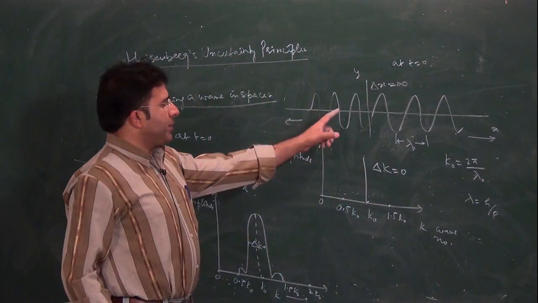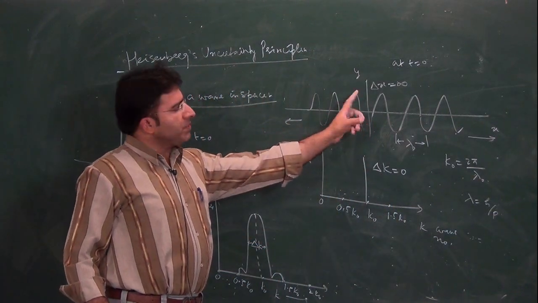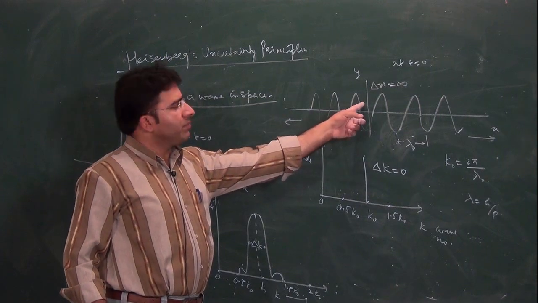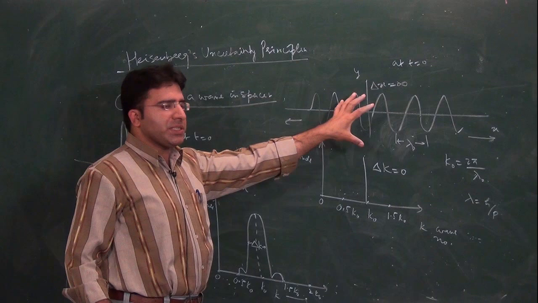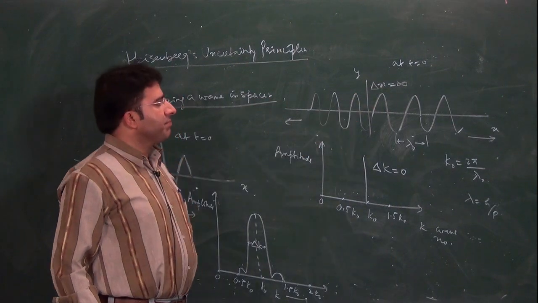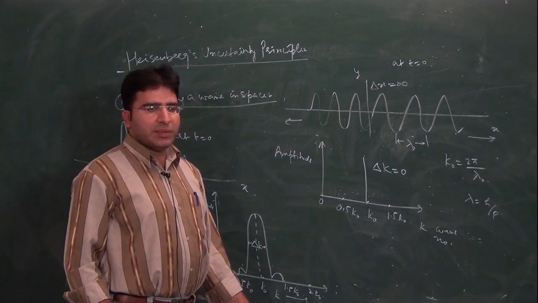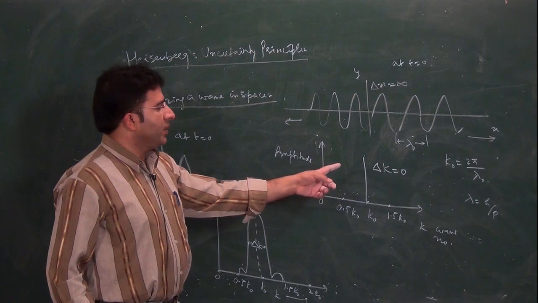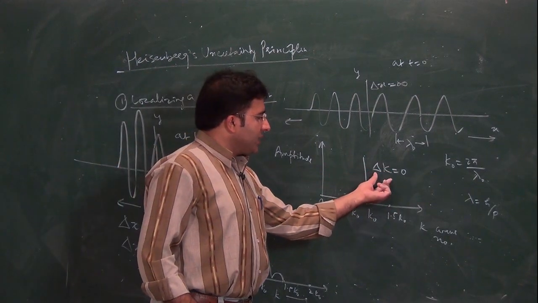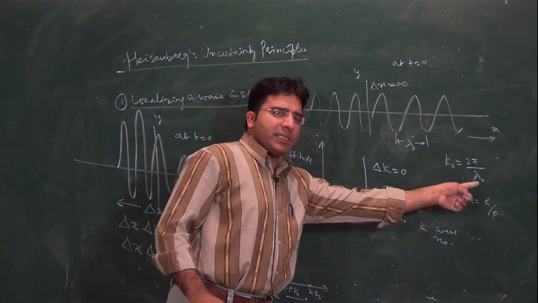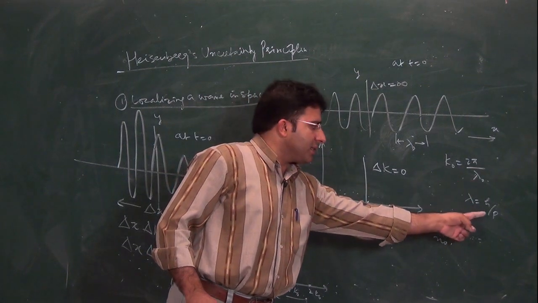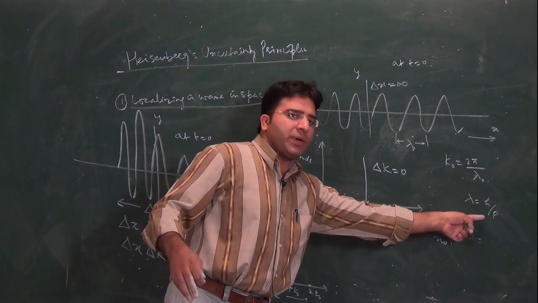That means if I represent some particle by this wave, the disadvantage is that it is 100% delocalized in space. Delta x is infinity. We cannot represent a particle by this wave, but it is pure. Since its wavelength is pure, the momentum of that particle will be pure.